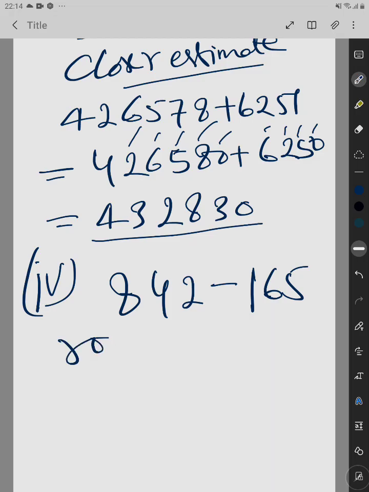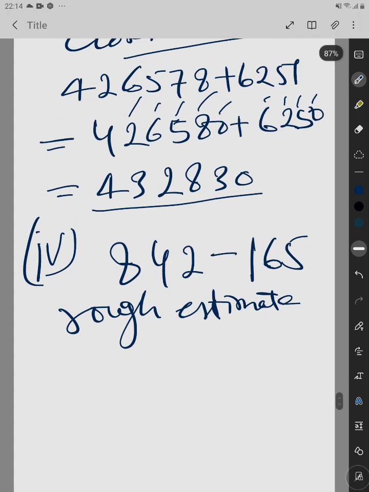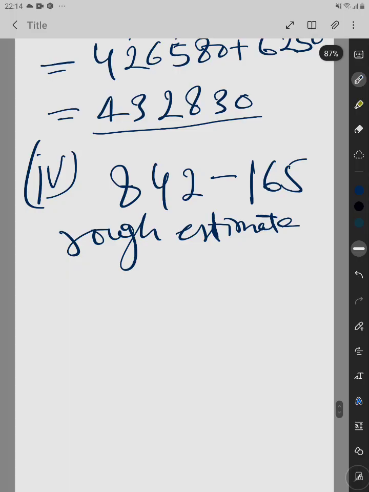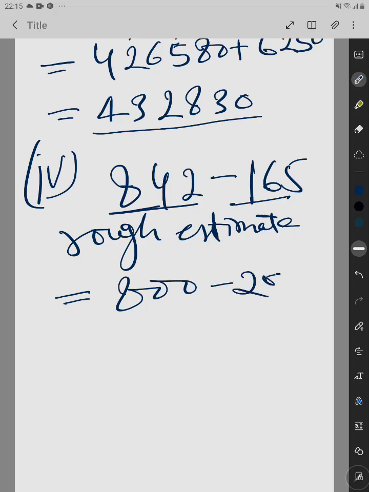So we'll find the rough estimate first. Actually, whatever examples we are taking, we are taking very randomly. For rough estimate, we need to round up to nearest 100. So for nearest 100, 842 will be 800, and for this one it will be 200. So it will become 600.